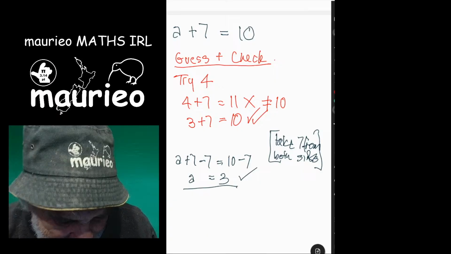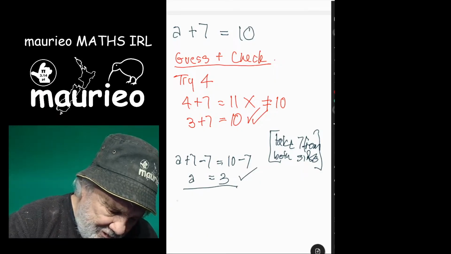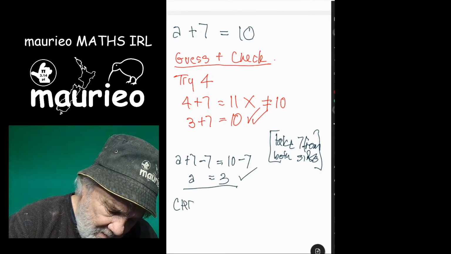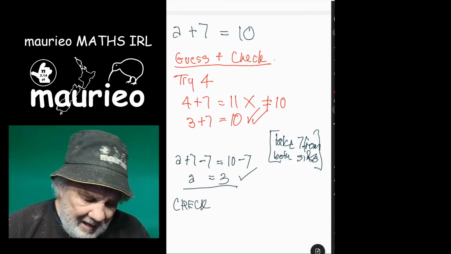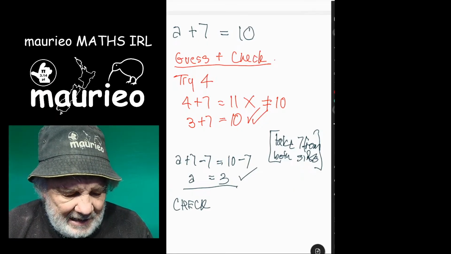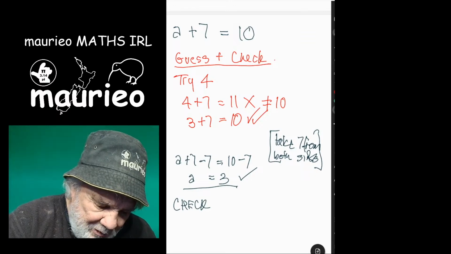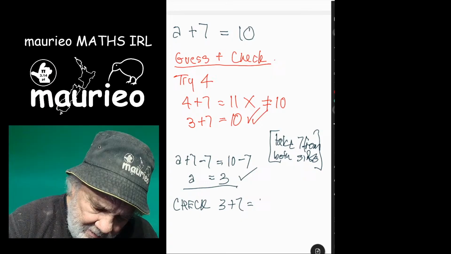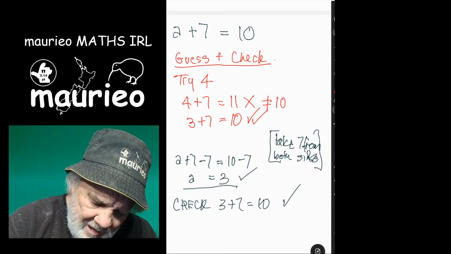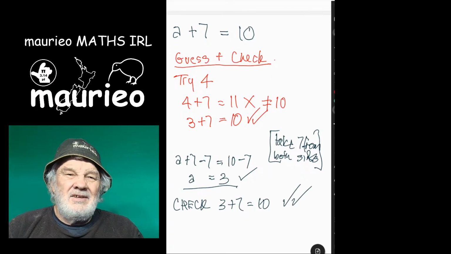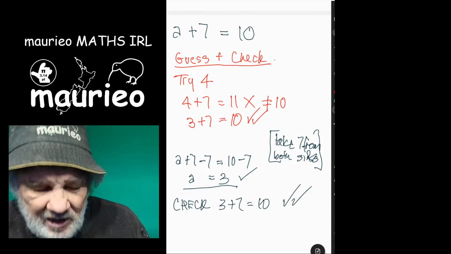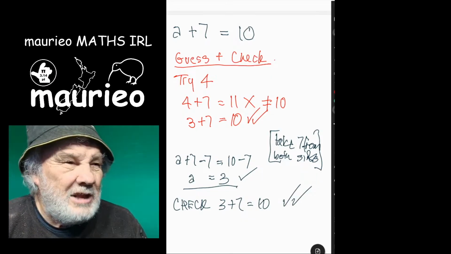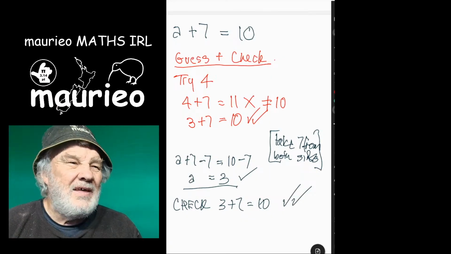You find out what A is, and then you can do a check. You put in 3 for A, so you get 3 plus 7 equals 10. Oh yeah, all good. That's awesome. So what you do to one side, you've got to do to the other.